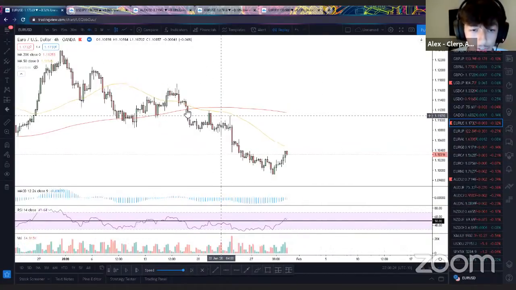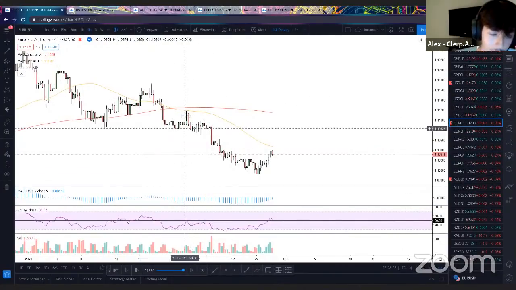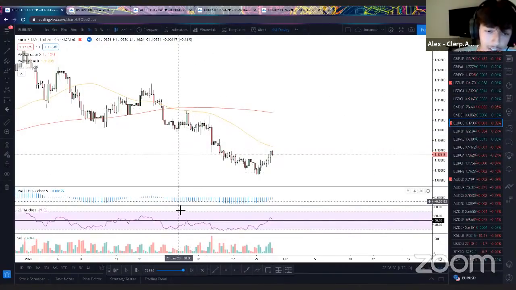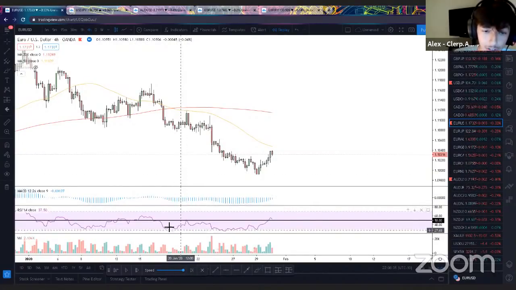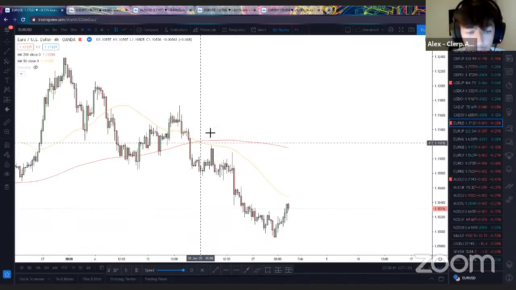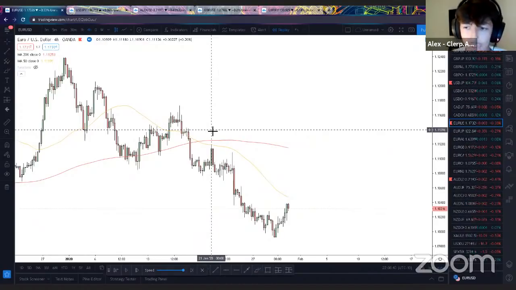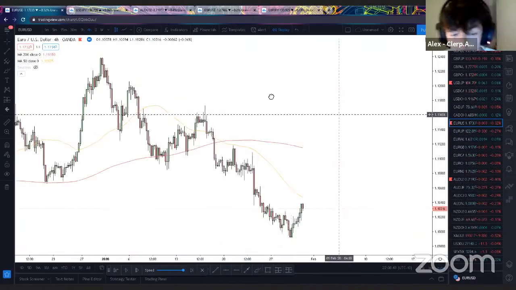With the MACD, if this is crossing down, I use the MACD under 0 to confirm that it's going down, and I use RSI if it's under 50. With my strategy, all three of these have to be together in order to actually take the trade.